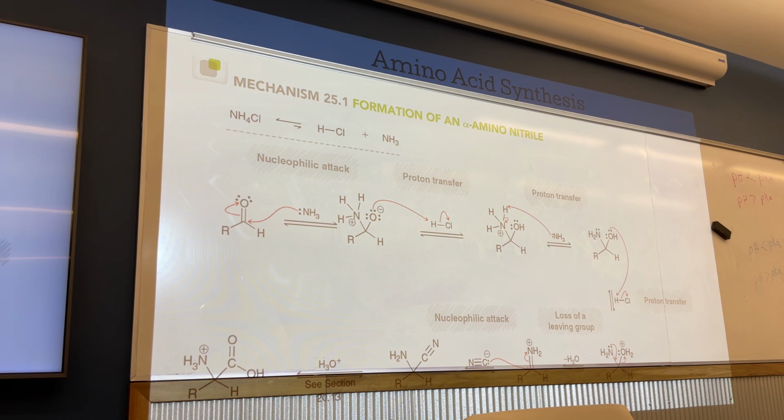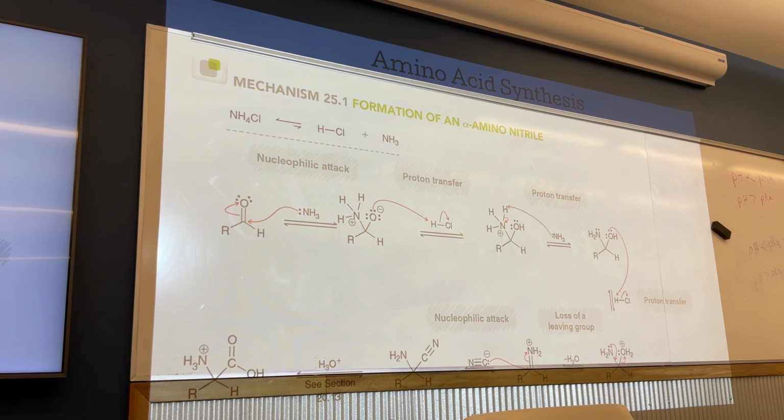Okay, so we have our amino group put on here, and then we're going to take the hydrogen off, put it through this hydrochloric acid again, and then a series of more steps to put on the nitrile.